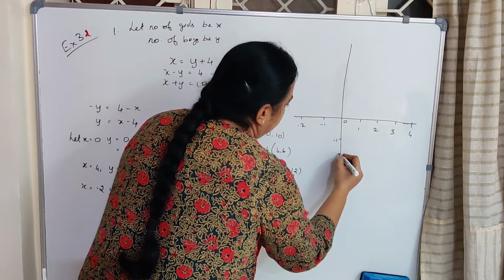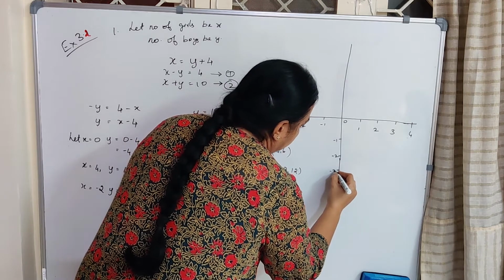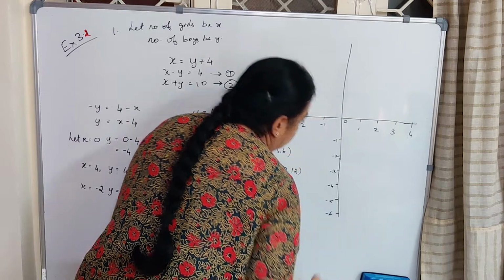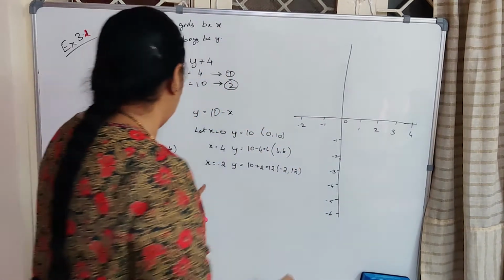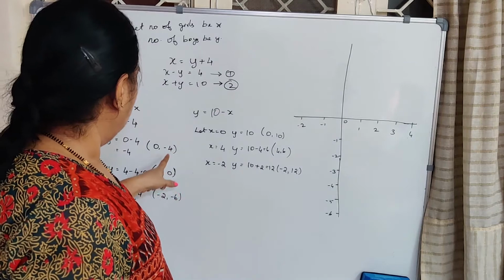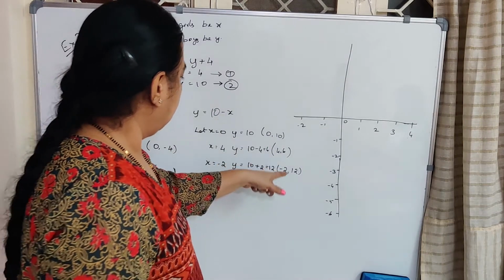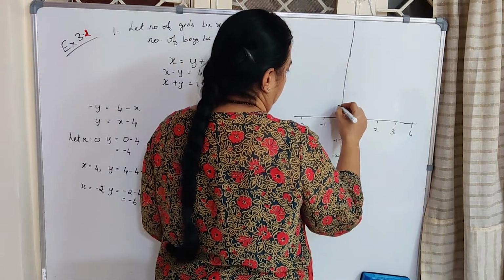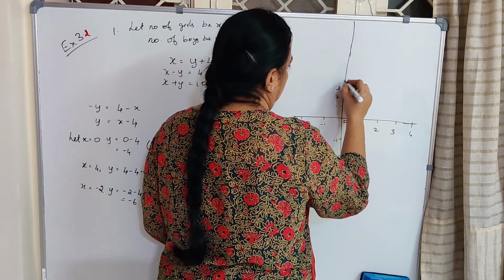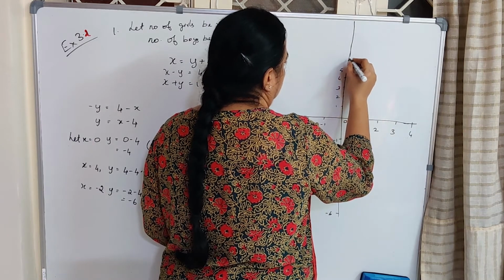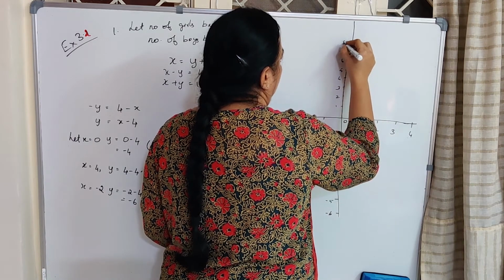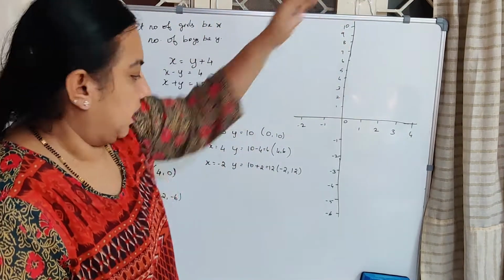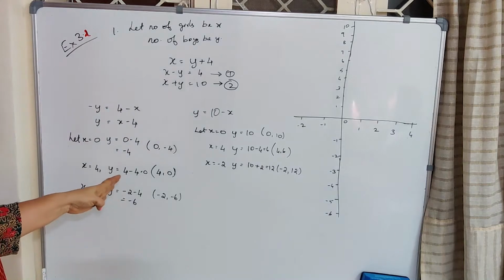So this is minus 1, minus 2, minus 3, minus 4, minus 5 and minus 6. And the points here range up to 12. So I need a longer graph. 1, 2, 3, 4, 5, 6, 7, 8, 9, 10. The other two graphs I have to mark somewhere there. We can adjust that.